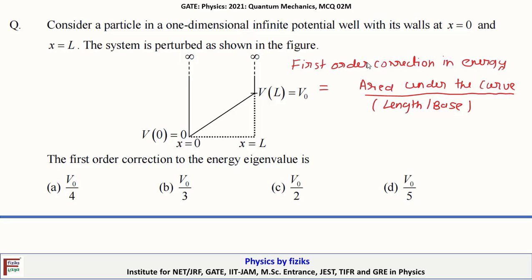Now since this is an equilateral triangle, the area under the curve would be half times height, which is V0, and base is L, divided by length L, so we would have V0 by 2. So the first order correction in energy for this curve is V0 by 2. That means option C is correct.